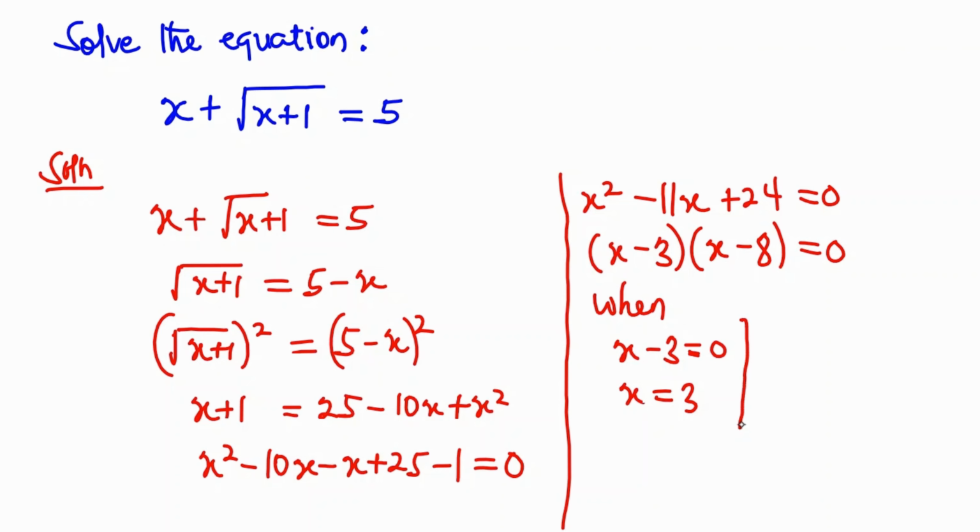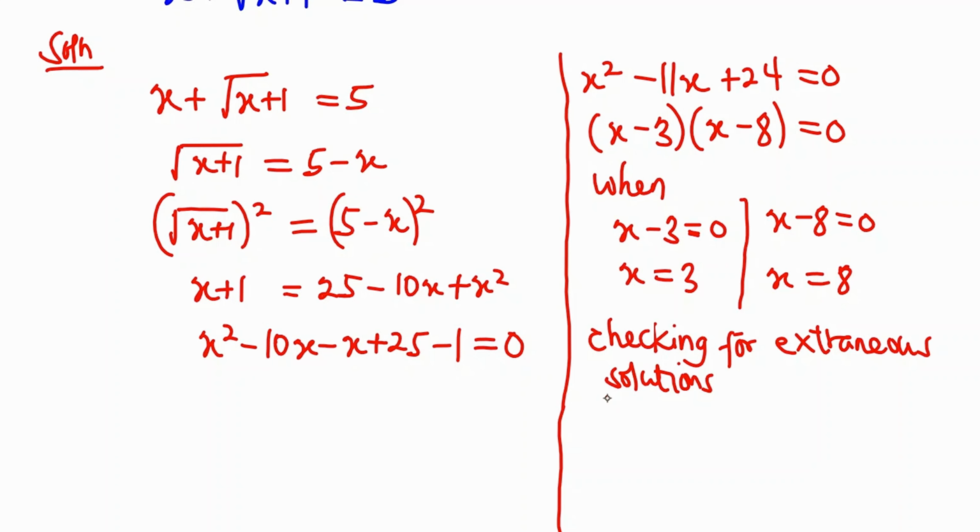In the same way, when x minus 8 is equal to 0, we have x to be equal to 8. So these are the values of x, but we have to check for extraneous solutions and identify the one that really satisfies the equation. So we write checking for extraneous solutions.